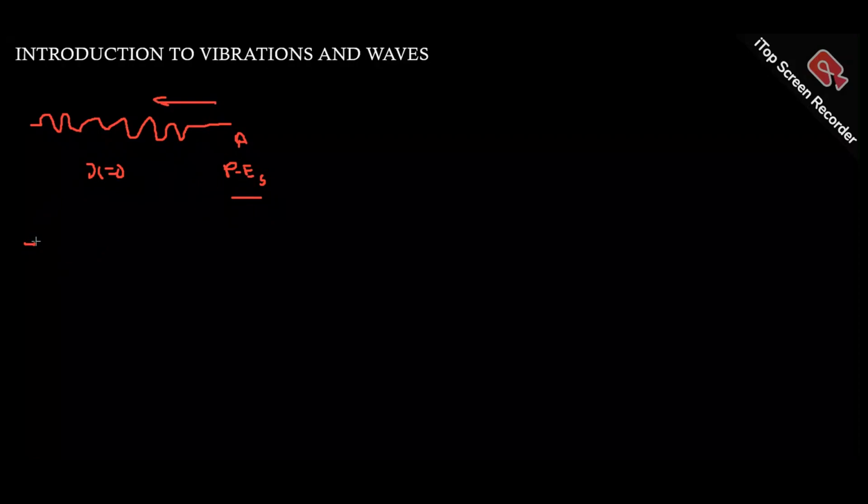So moving in that direction, it will surpass x is equal to 0. And it will move to where x is equal to negative a. The minimum amplitude, again at this point, it will store potential energy, elastic potential energy.